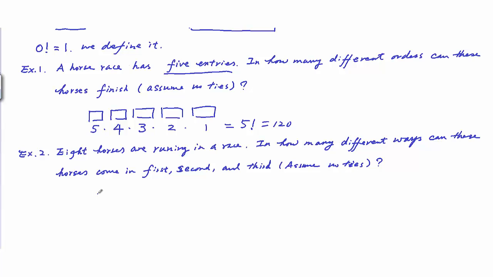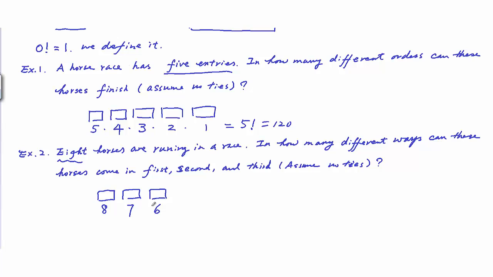Now here we have 3 spots: first place, second place, and third place. For the first place, we know there are 8 horses, so the first place will have 8 possibilities, or 8 ways to complete. And then for the second place, 7 horses are available. Then for the third place, there will be 6 horses available.